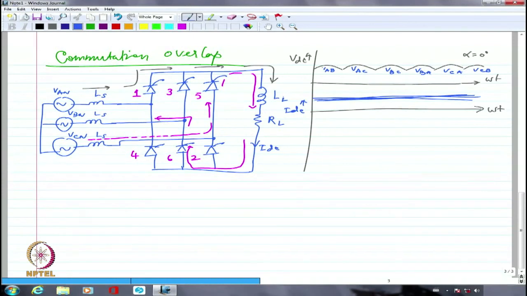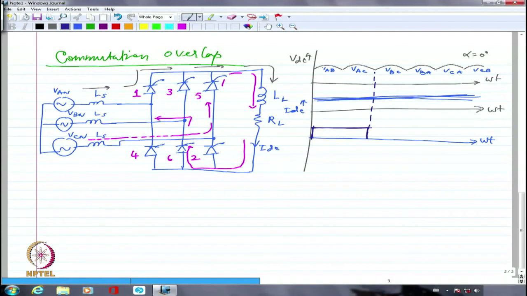So correspondingly, if I try to draw the current, whenever there is a phase conducting, I should have my current like this, positive current like this, right?